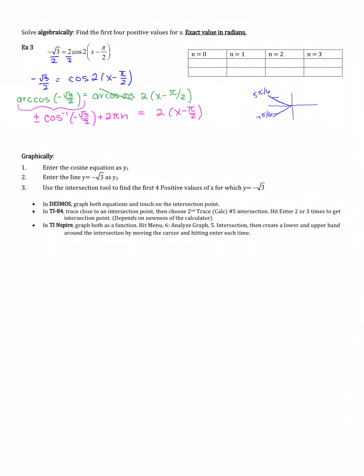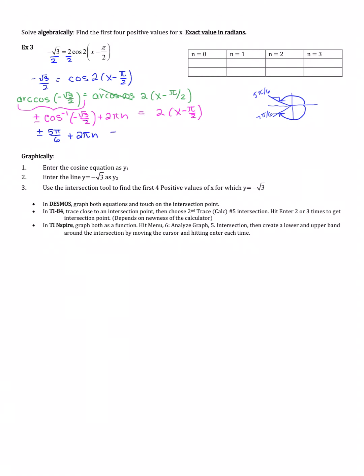So it happens at 150 and 210. So this turns into plus or minus 5 pi over 6, because you notice I went plus 5 pi over 6, negative 5 pi over 6. So cosine's very friendly that way. When we get into sine, it won't be, unfortunately, as friendly.